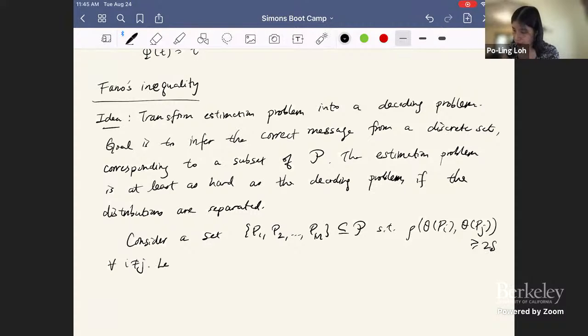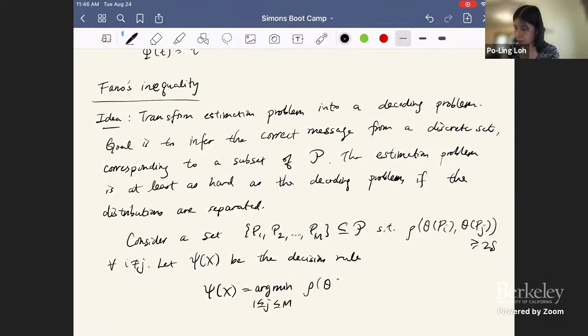Now let psi of x be, well, I guess it's not exactly an estimator, but it gives you an index. So let psi of x be the decision rule: psi of x equals arg min over all indices j of rho of theta of Pj, theta hat of x.